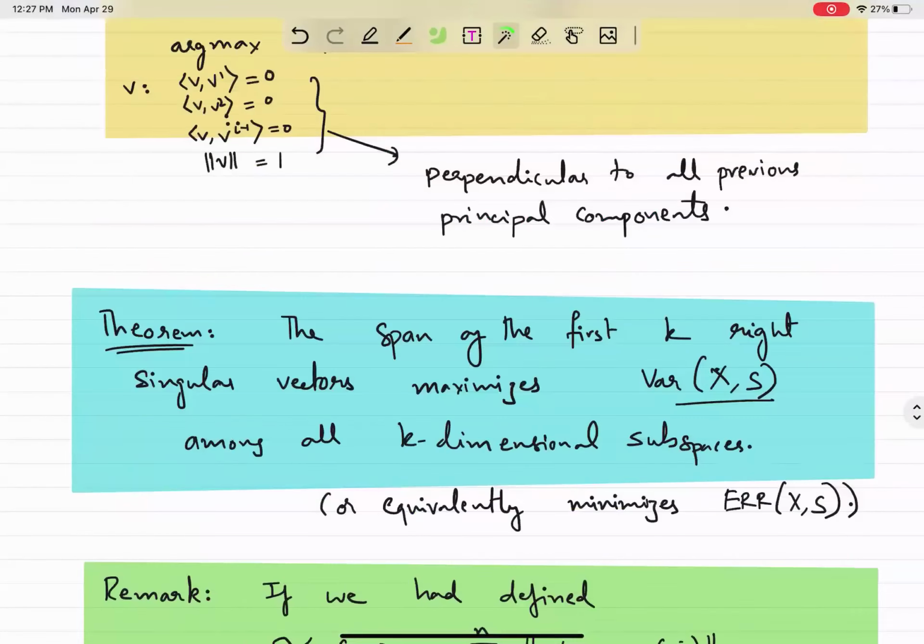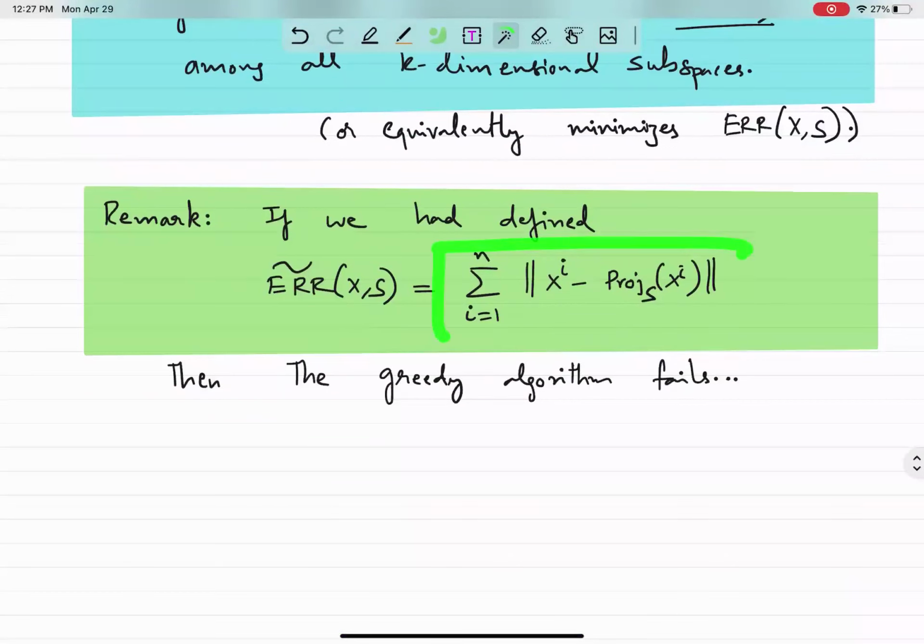If you do that, even then you won't be able to solve the best fit, k equals 2 problem this way. If there is no square, you cannot solve it one step at a time. You have to somehow solve it by finding both the directions together. Okay, the fact that you can find the best fit line and then proceed is because something is special about the objective that we chose, which had a square.